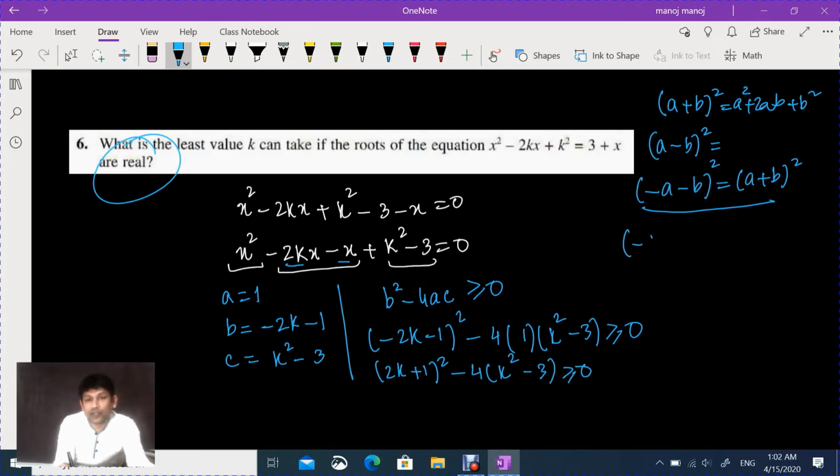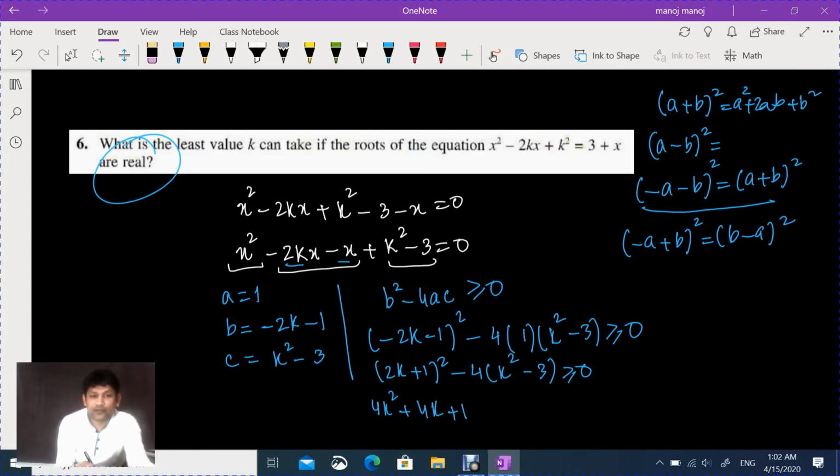One more thing, when you have minus a and plus b whole square, what can you do? You can write b first and then minus a, and then expand. a square is 4k square, plus 2ab means 4k, and then plus 1 square is 1.